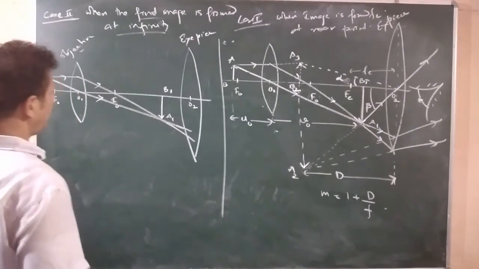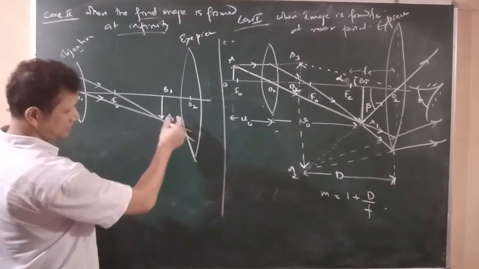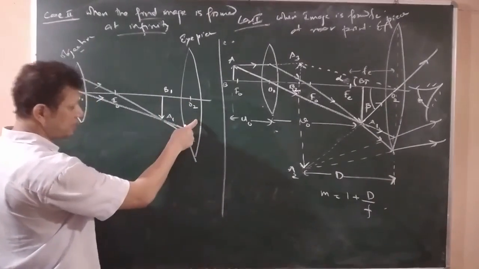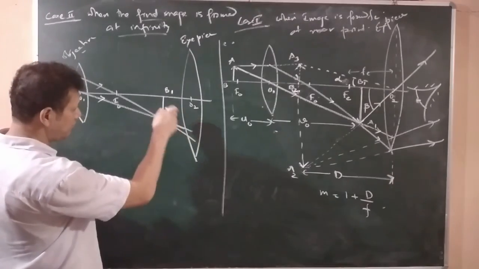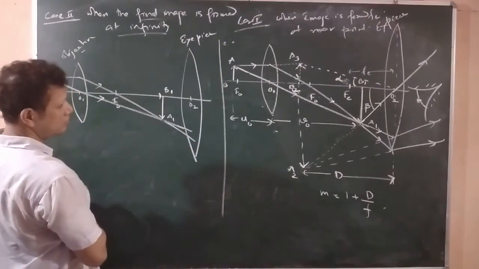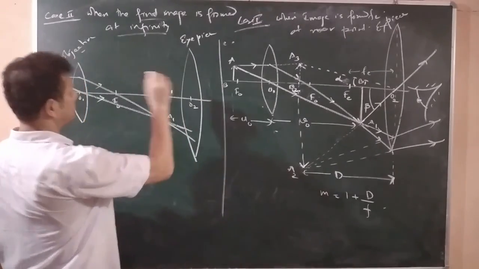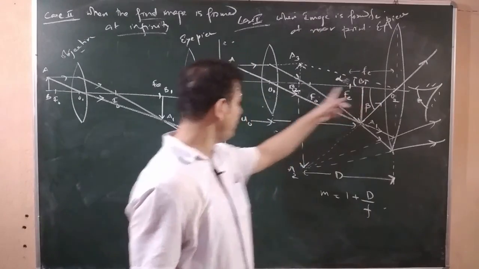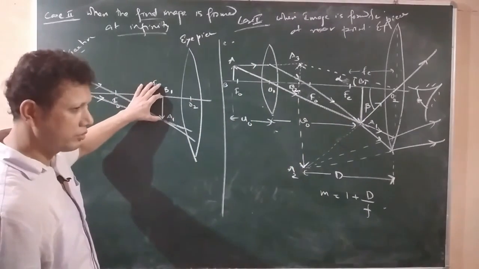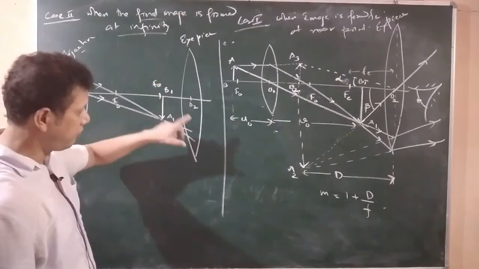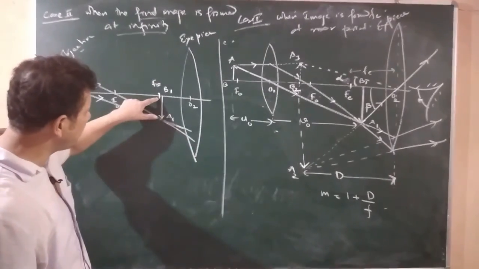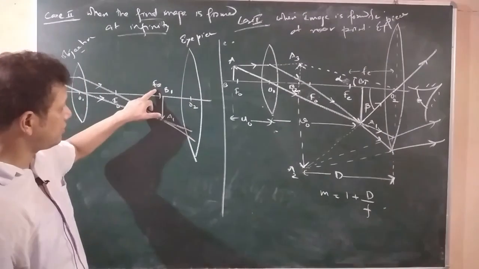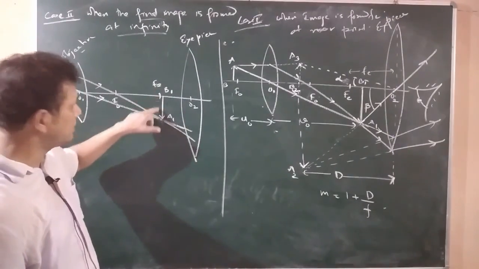But what you have to do here is adjust the eyepiece so that the image, which now acts as the object for this lens, has to be placed very close to the focus of the eyepiece, almost at the focus.